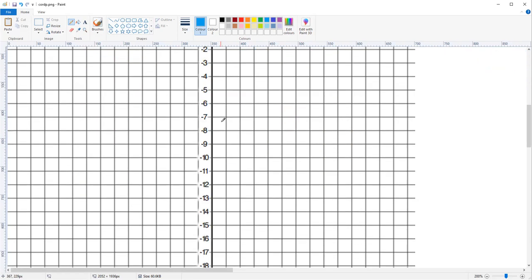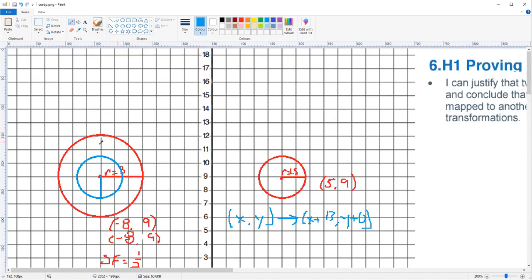So all circles are similar. Once you make the radii the same size, then they're congruent. So that's pretty neat. All right, let's pause this just for a minute.